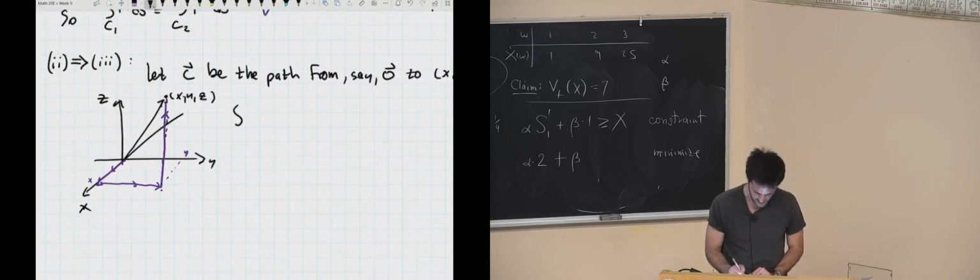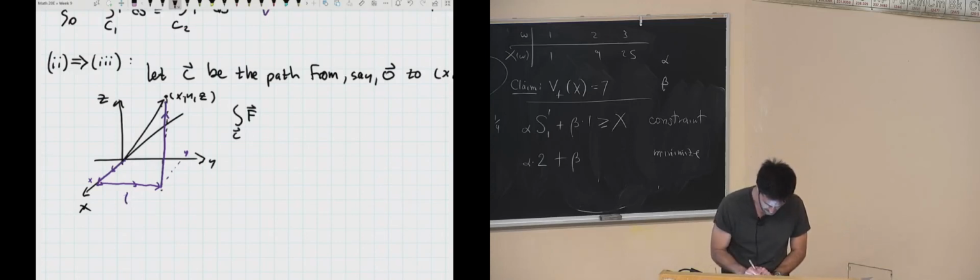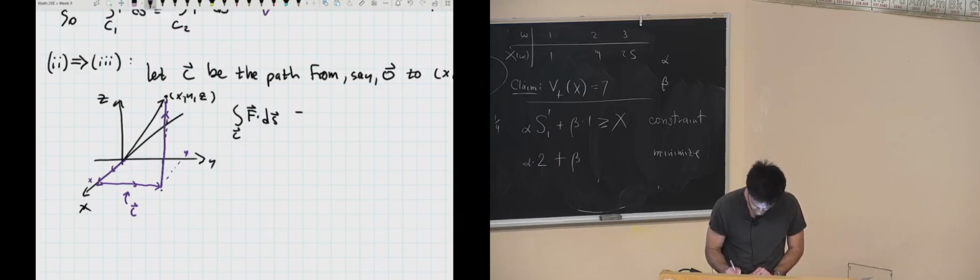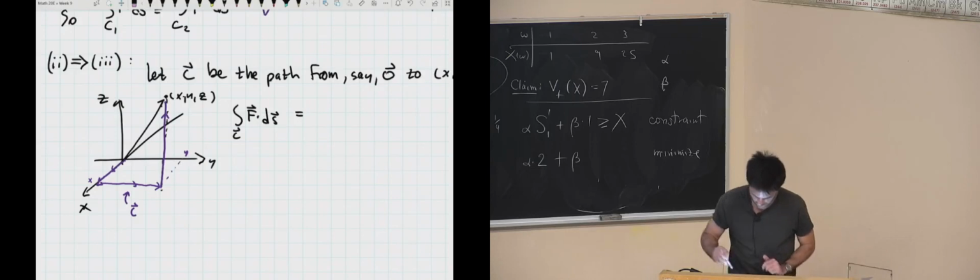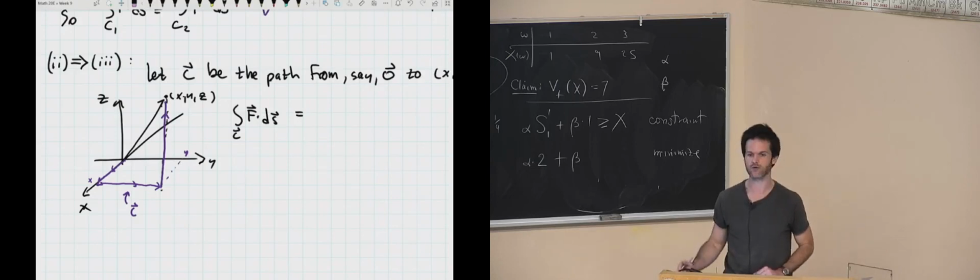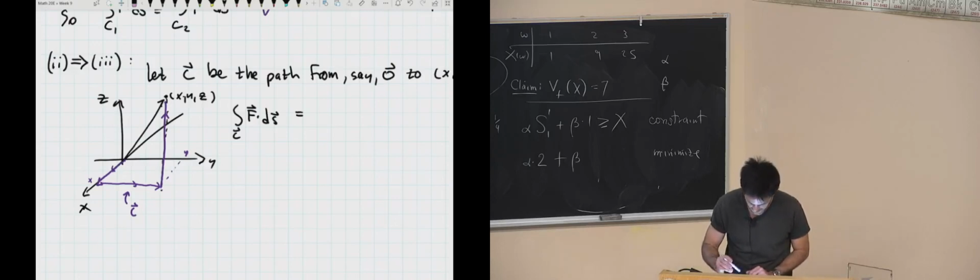And we find that the integral of f over that path, which is C, is equal to, okay, so over the first part, well, in order to write what it equals, let me write the components of f first. So let's suppose that f has components f1, f2, f3.